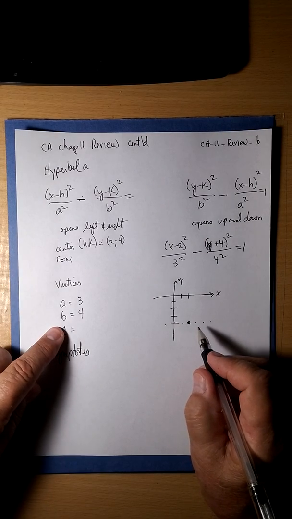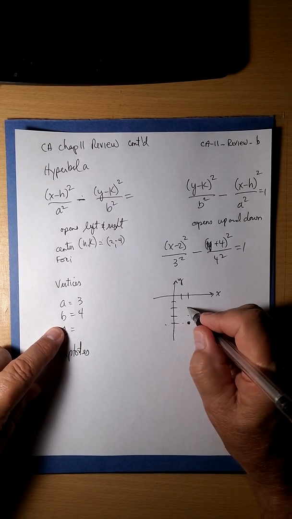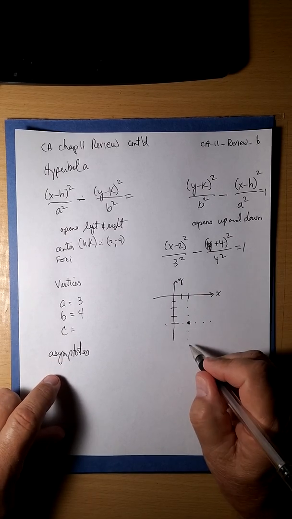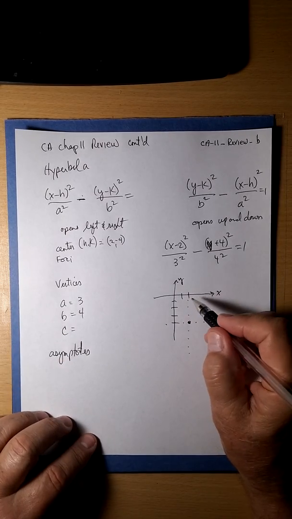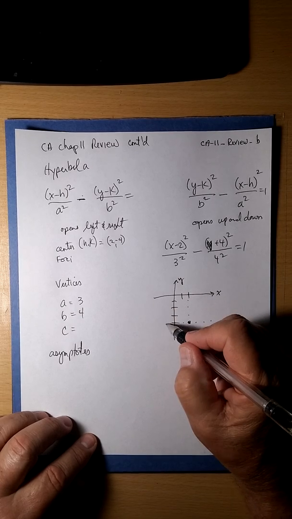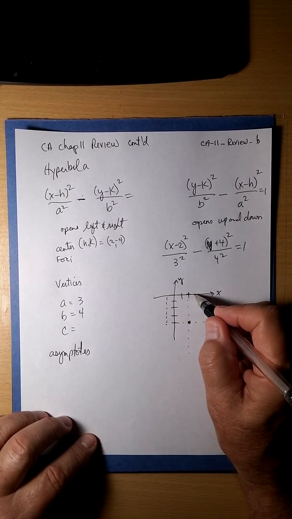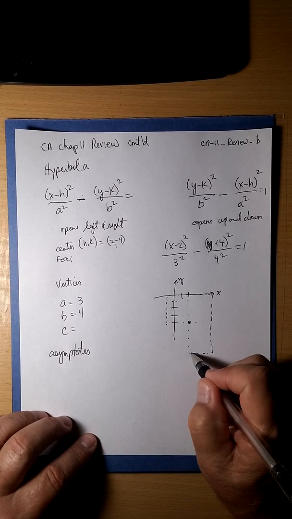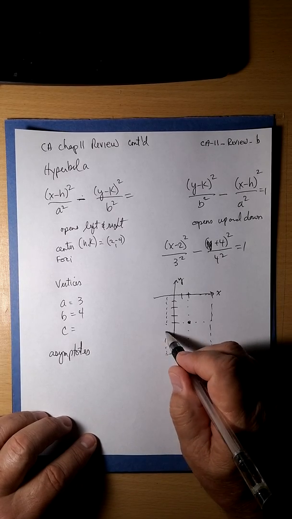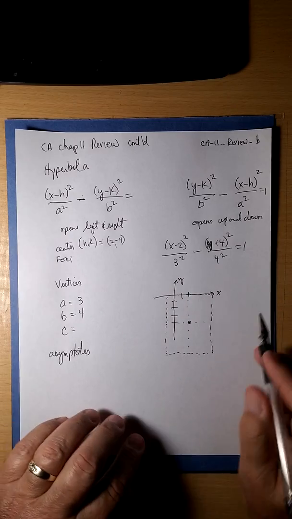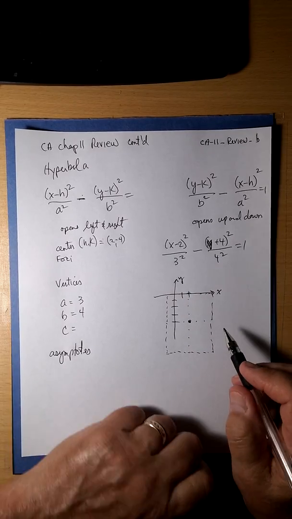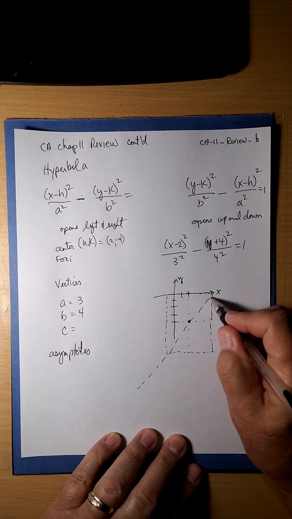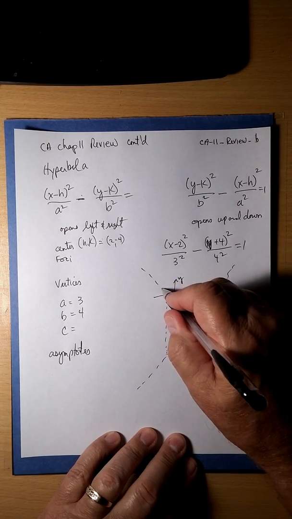You also measure up and down with b. This creates a rectangle. Now, before with the ellipse, we would have put the ellipse inside this rectangle. But this is a hyperbola. So you then draw in the diagonals, which are the asymptotes.